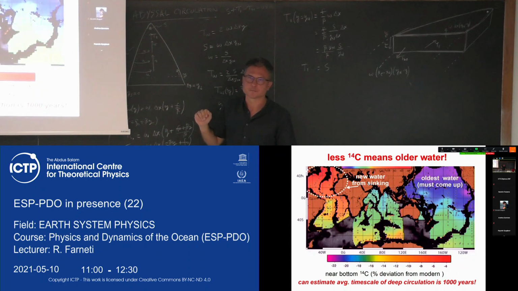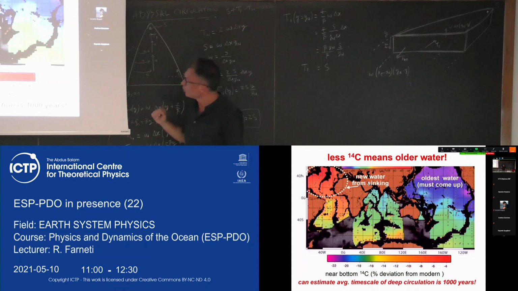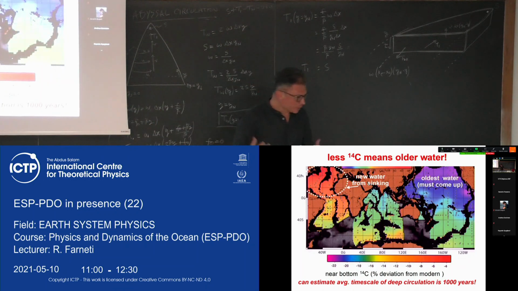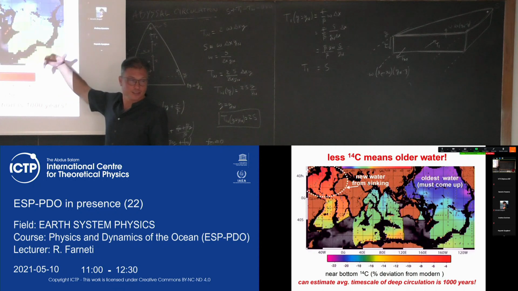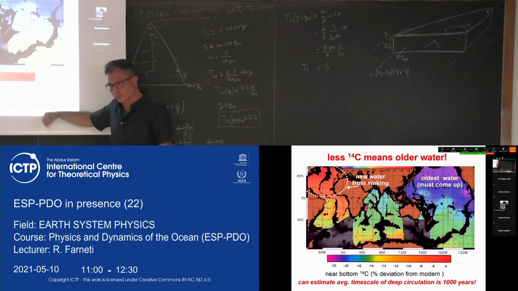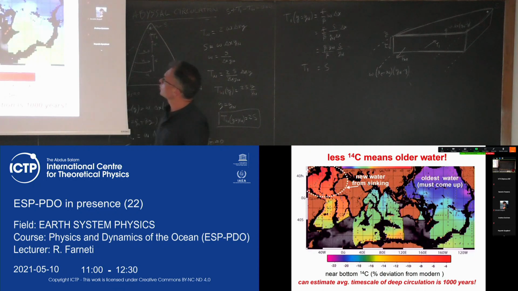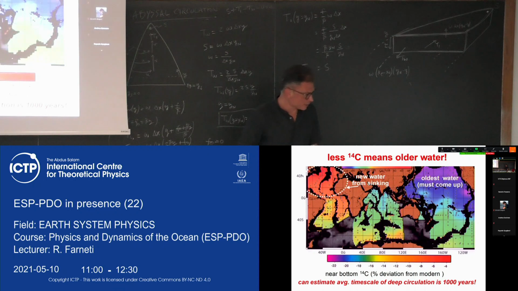Okay, so a typical time scale of a full circuit for the full meridional return circulation is about 1,000 years. And you can get this by the concentration of carbon-14, for example, which decays very slowly, so you can follow the concentration of this water. So 1,000 years is a lot.